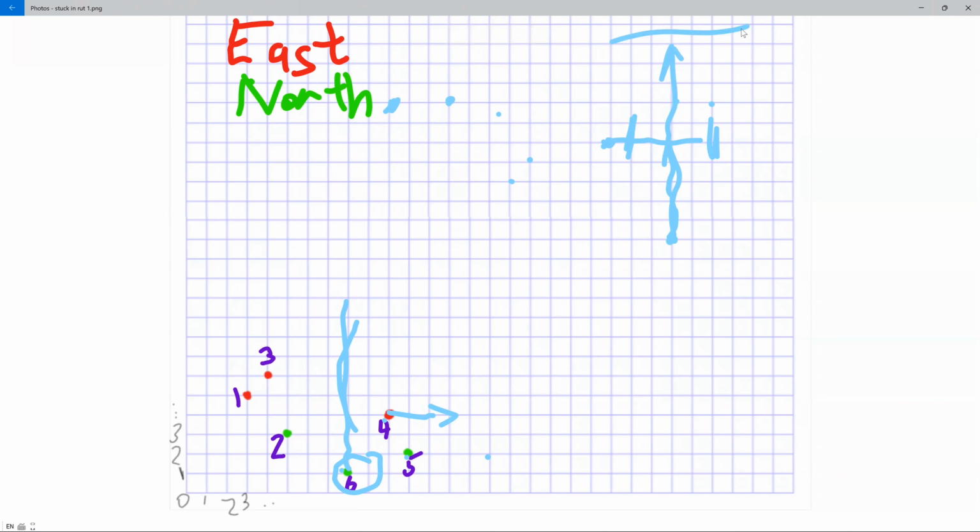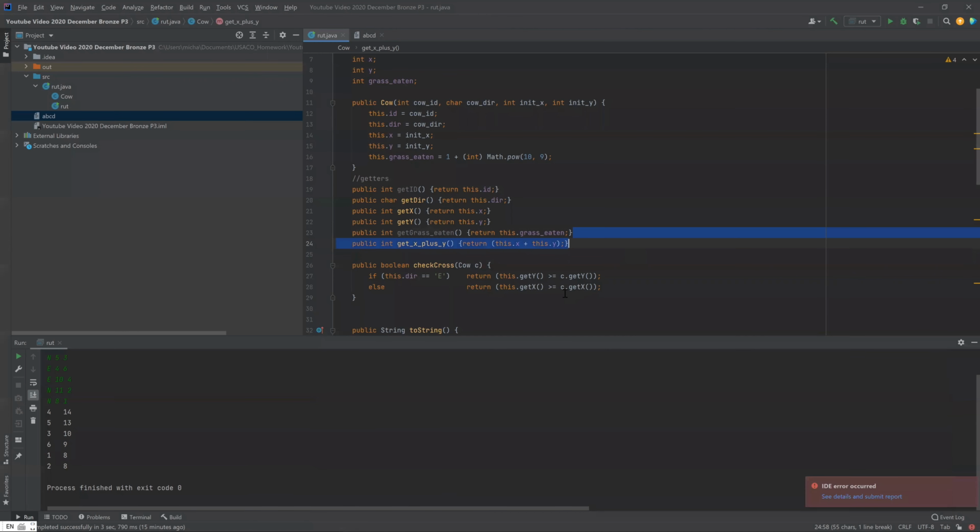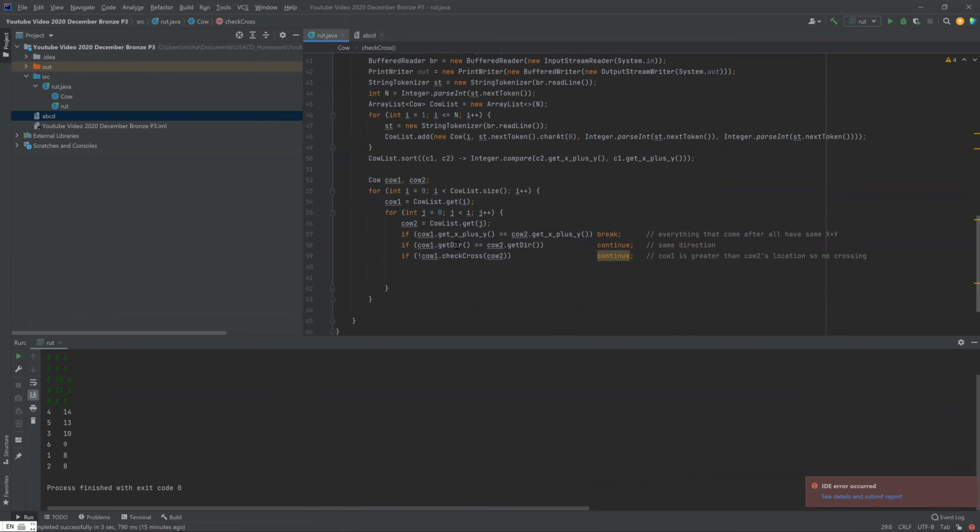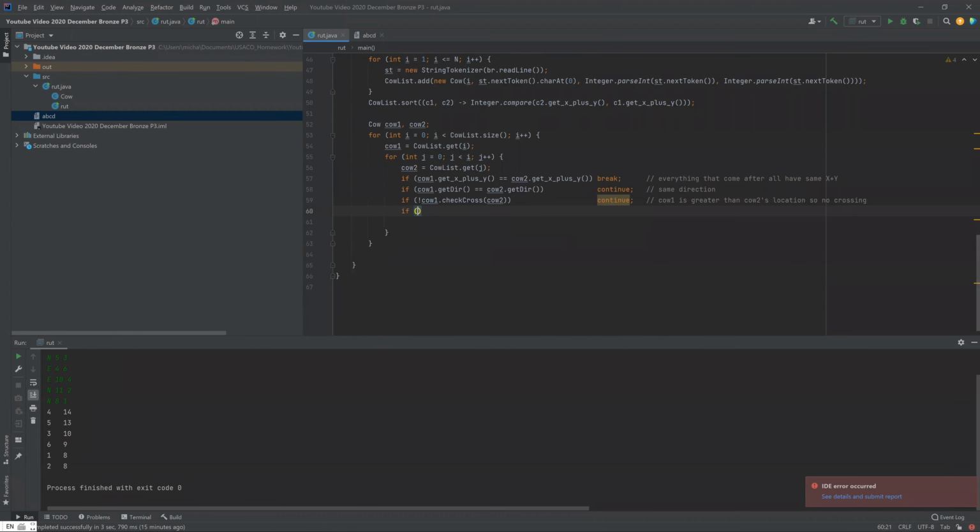Well, until some other cow blocks me or something, right? But yeah, so that will be the next piece of logic I will program. So if they don't block, then I will continue, right?